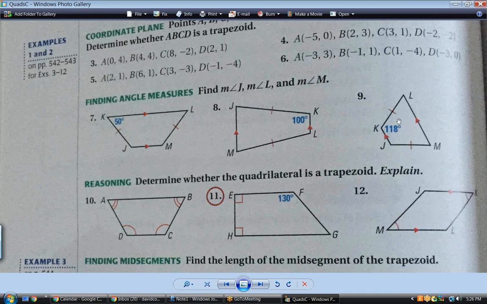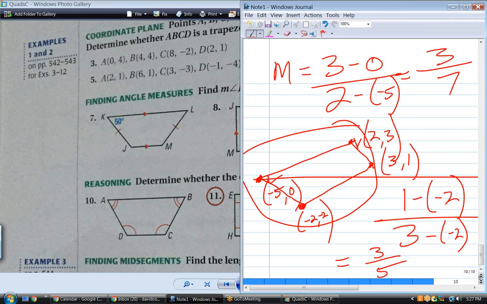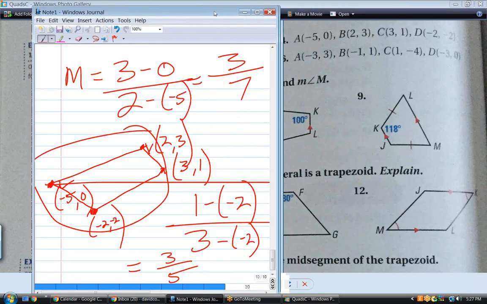What is angle J? Angle J would be 118. Angle L? 180 minus 118. That would be 98. Oh, hold on, 92. I'll teach you this trick.